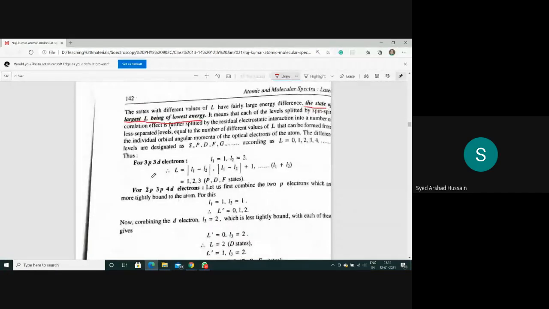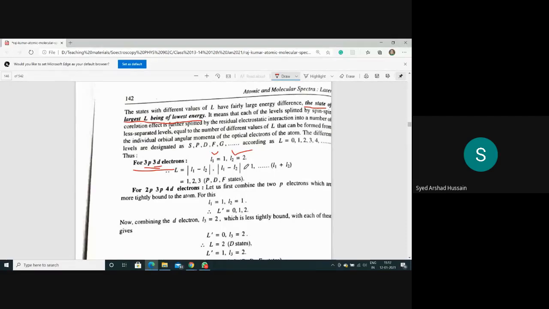So let us take an example, say 2 electrons, one is a 3p electron, another is a 3d electron. 3p electron means an electron having n equal to 3, l equal to 1. Similarly, 3d electron means an electron having n equal to 3, l equal to 2. So for these two electrons you see l1 is equal to 1, l2 is equal to 2.